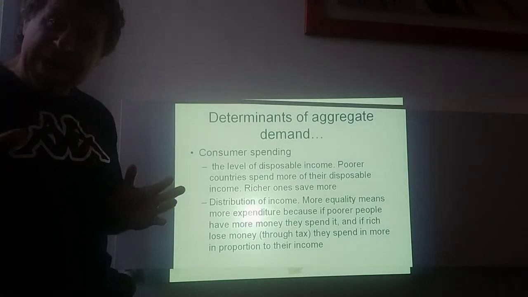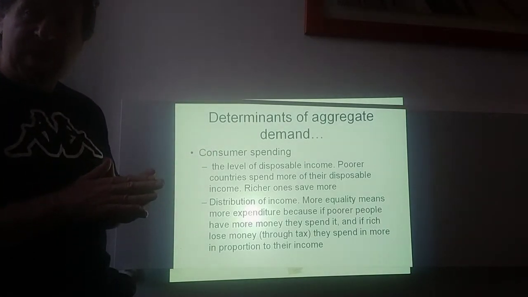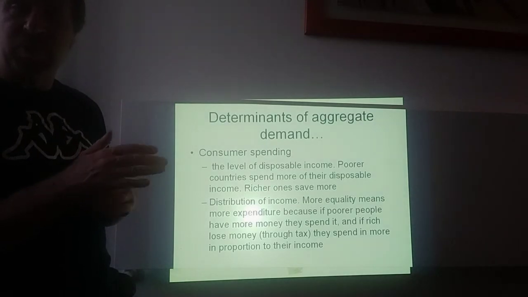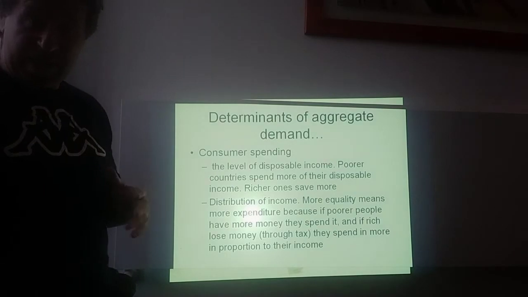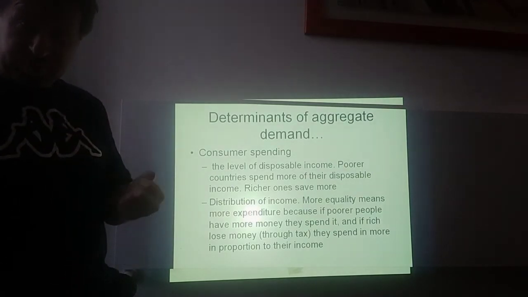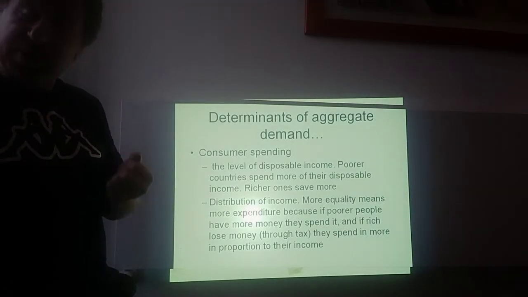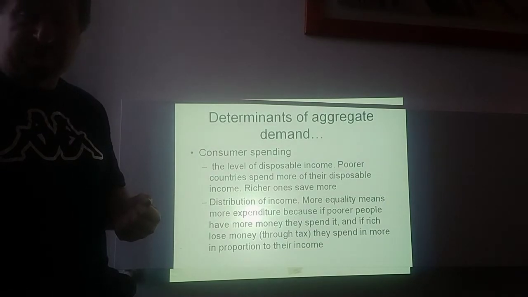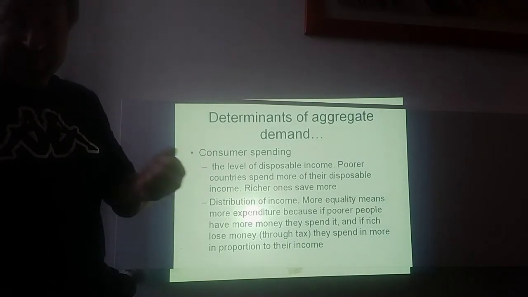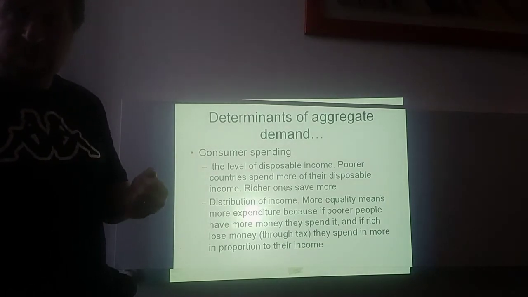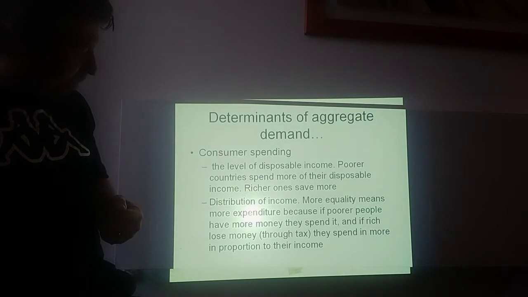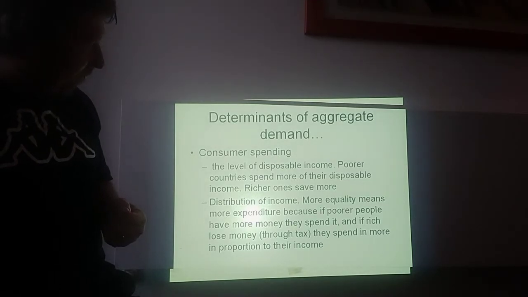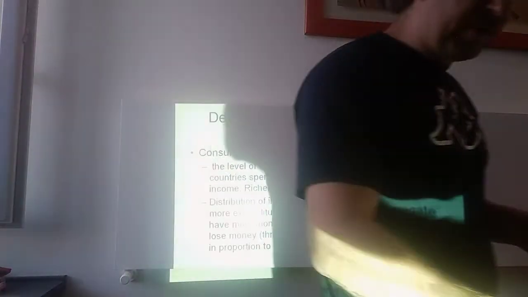If it's more evenly spread, people will have less disposable income each, but generally spending will go up because there'll be more needs satisfied, and people won't be saving so much. Okay, so distribution of income is very important to aggregate demand.